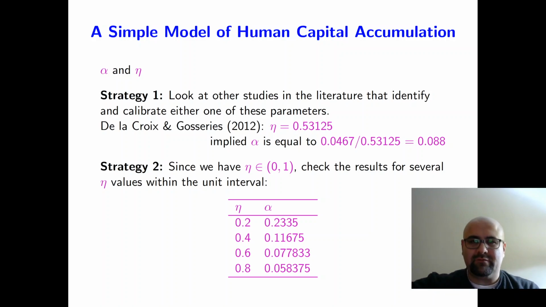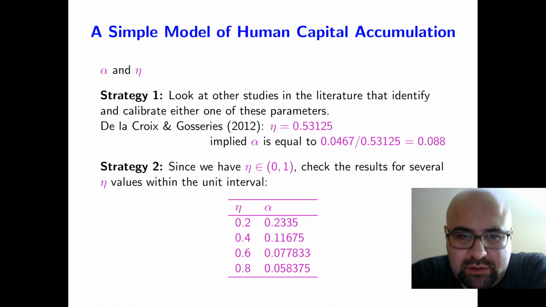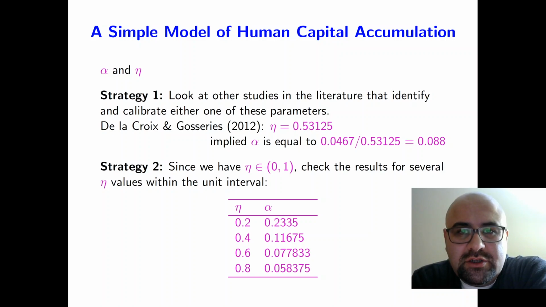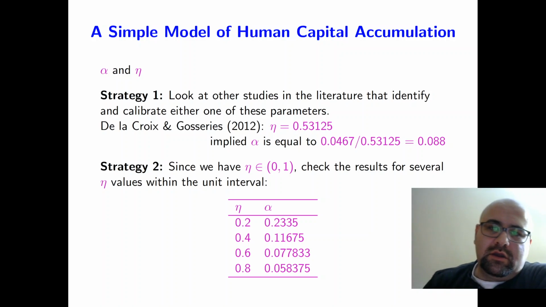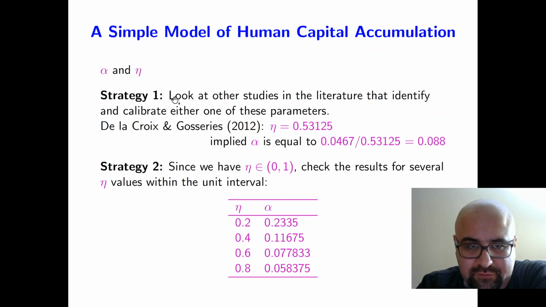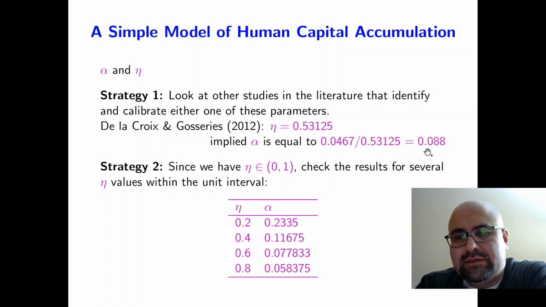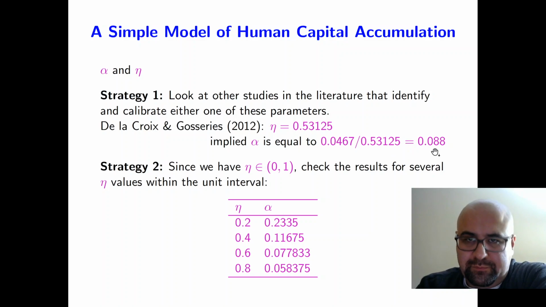If you are borrowing some value of a parameter from another paper, you must be careful, all right? So here we can use actually Delacroix and Gosseri's paper because they actually use the same human capital production technology and they calibrate eta for a typical developed economy as 0.53. Okay, and if we follow strategy one, and if we use that value for eta, then alpha is implied as this. Okay, 0.08.